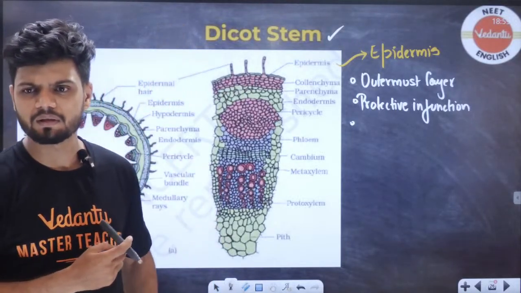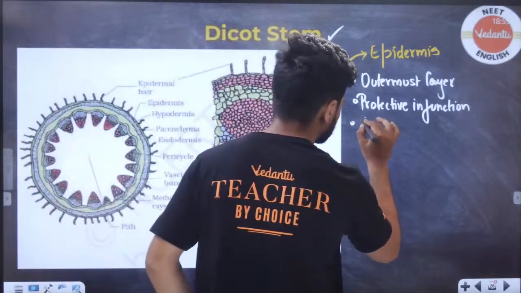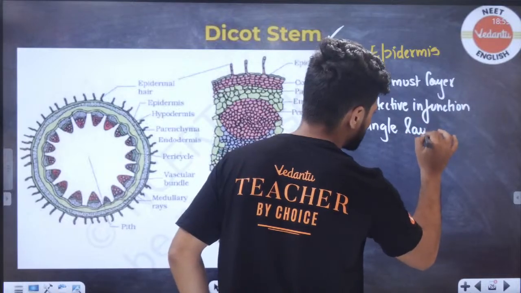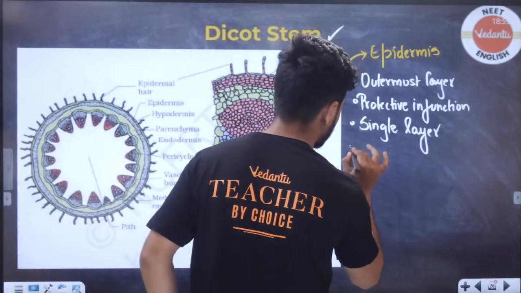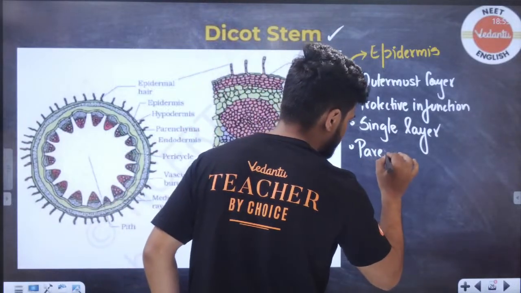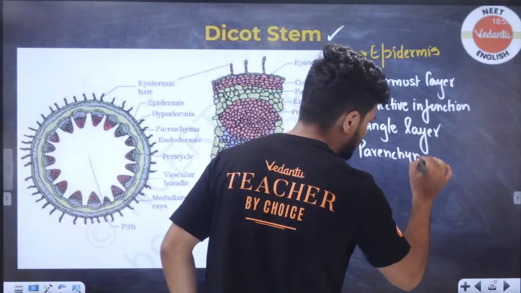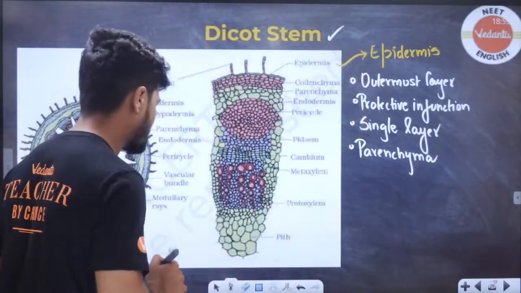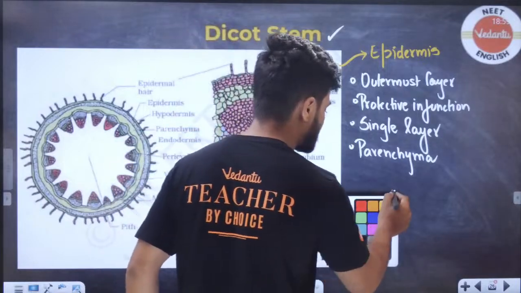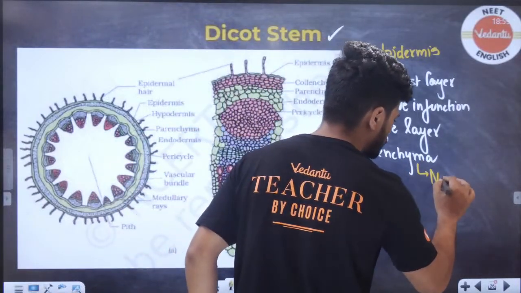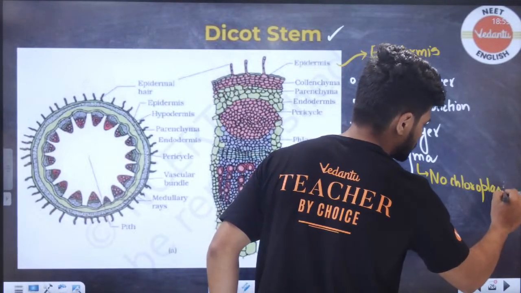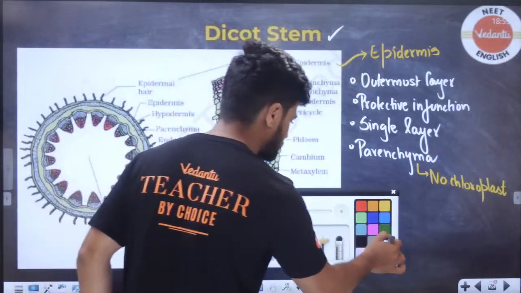It is present as a single layer. It is made up of parenchyma. Usually this parenchyma has no chloroplast. Chloroplast is absent because there is no photosynthetic function.